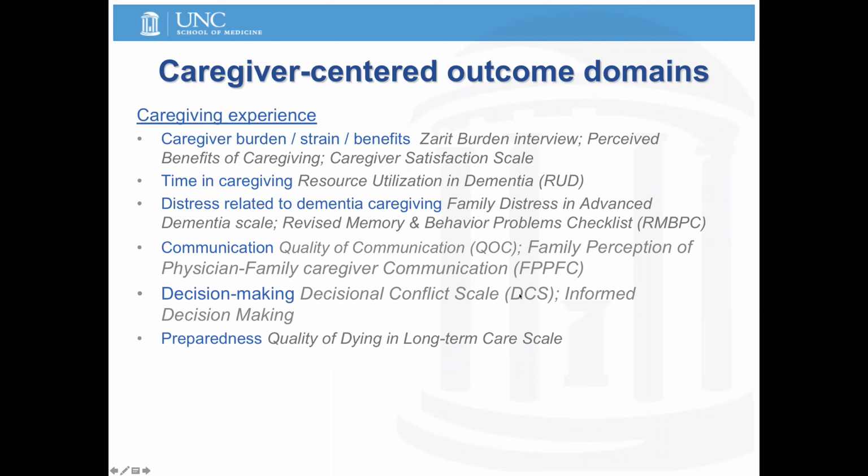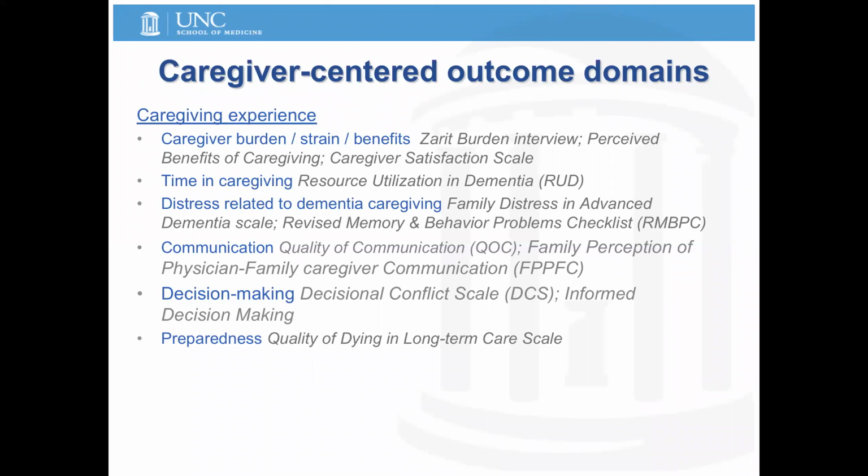There are a variety of caregiver-centered outcome domains that you might consider including, either because your primary focus is the caregiver or because you want to know about the caregiver's experience while concurrently studying the experience of the person living with dementia.